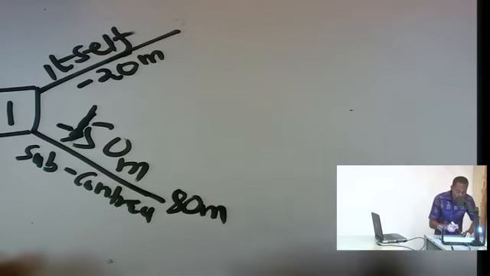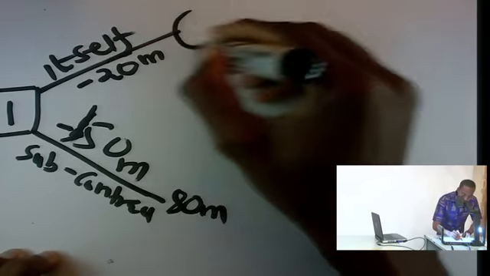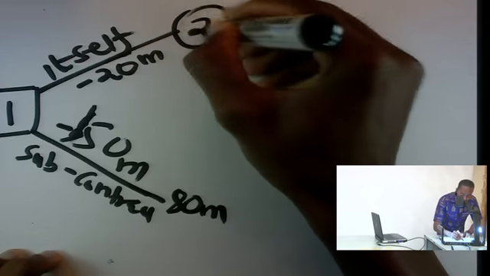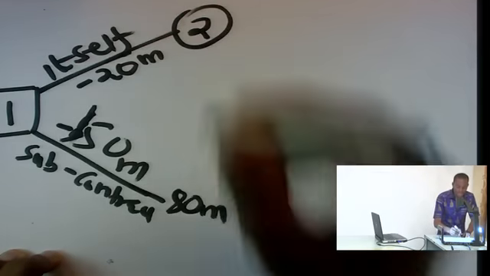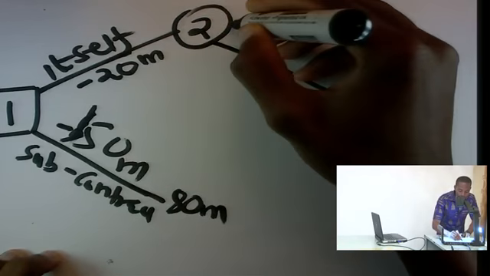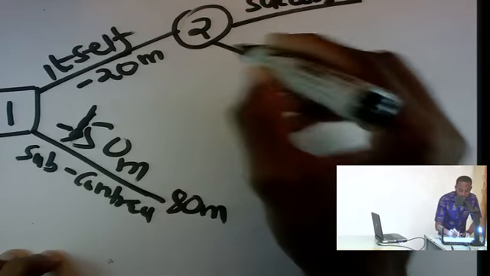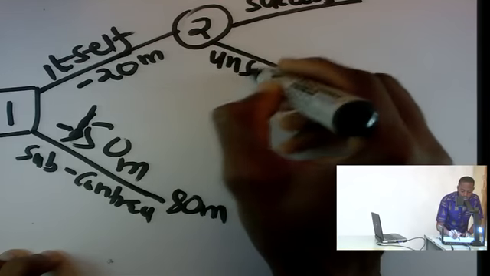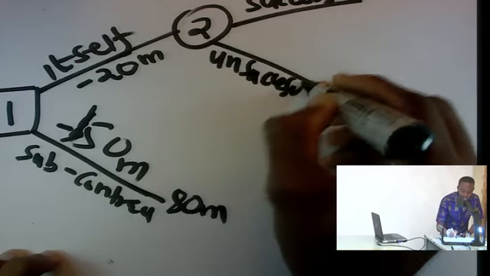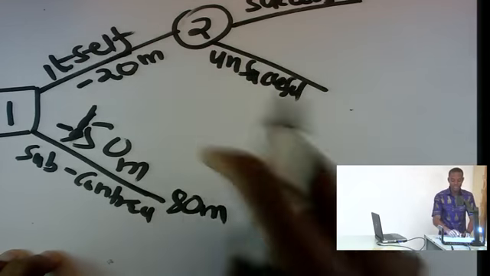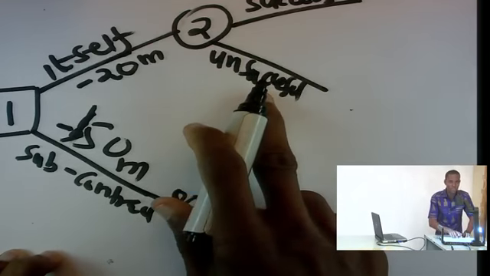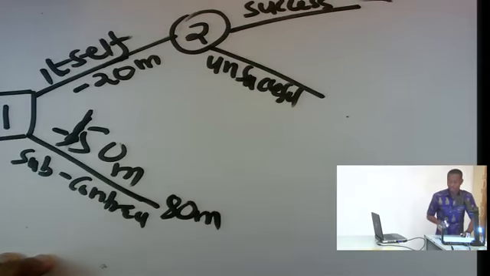So here we will introduce a circle node, and I'll label it node 2. And here it could be success or unsuccessful. This is unsuccessful in case you're not seeing it too clearly, and this is successful.